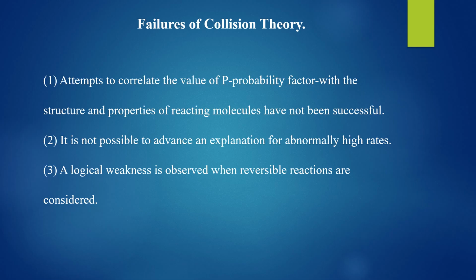In the case of reversible reactions, where a forward reaction proceeds giving products, and that product gives back the reactants, we are not able to correlate the collision theory equation with the experimental results obtained. So these are all the failures by which collision theory was found to be not successful.